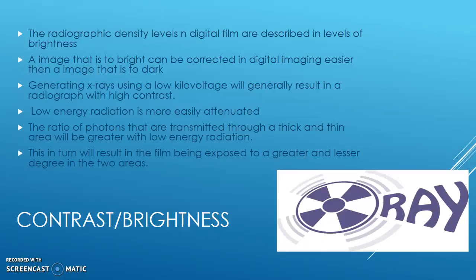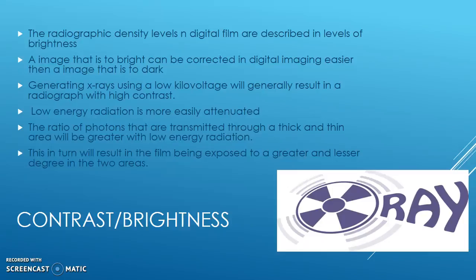Contrast continued. The radiographic density levels in digital film are described in levels of brightness. An image that is too bright can be corrected in digital imaging easier than an image that is too dark. Generating X-rays using a low kilovoltage will generally result in a radiograph with high contrast.